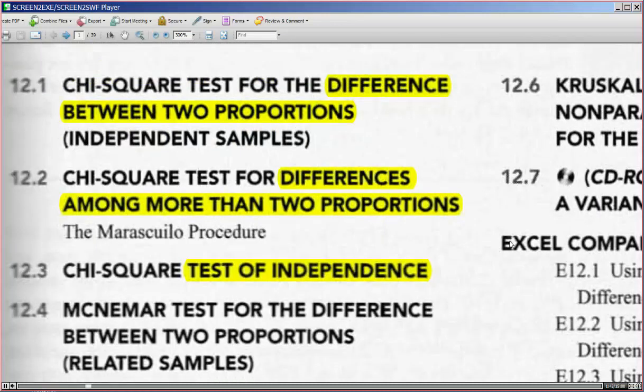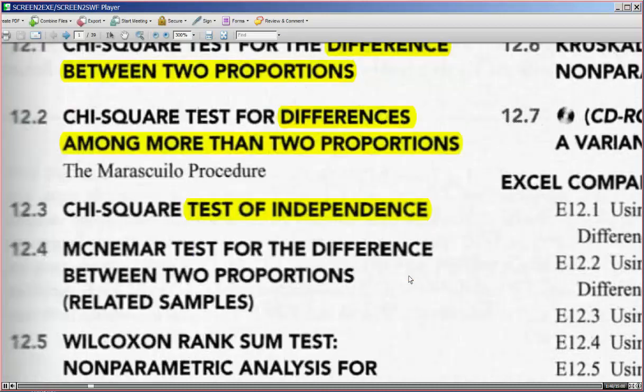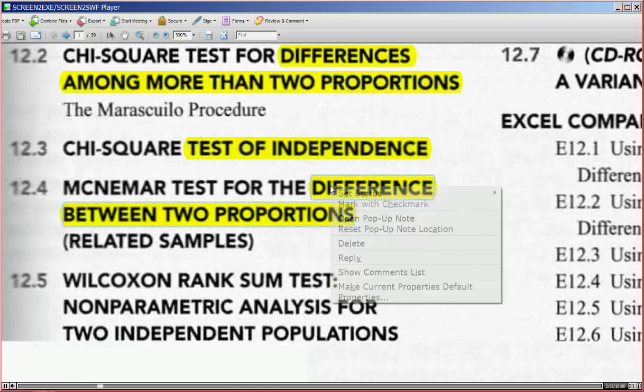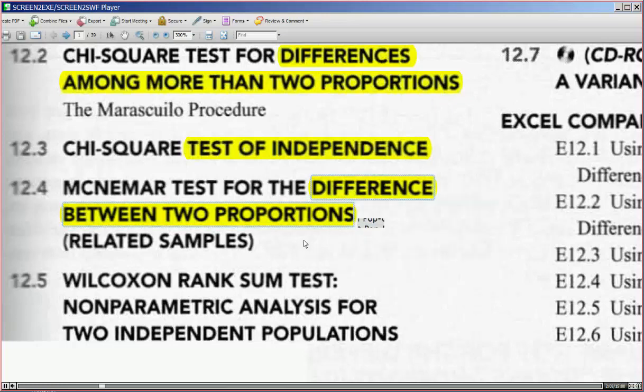And we already had difference between two proportions tested by chi-square test. But in this case, the samples are going to be related. So anyway, there's McNemar test for the difference between two proportions. Let's change the color so we can see the difference.